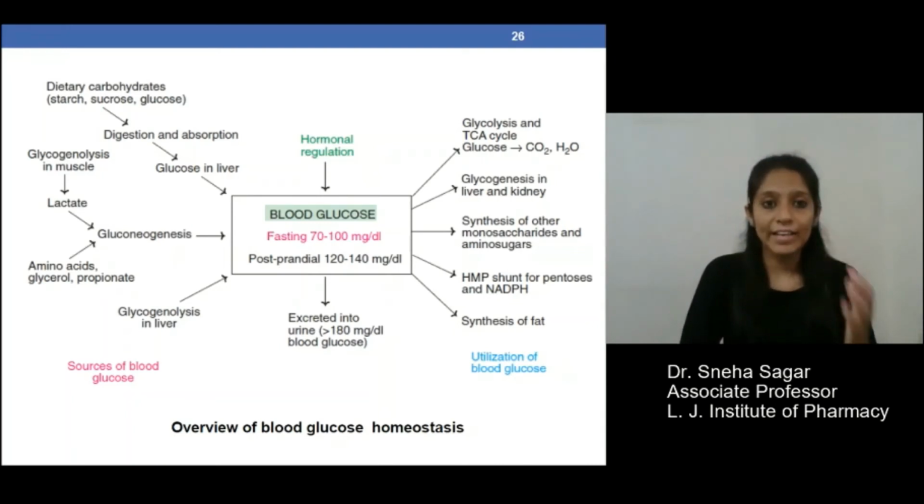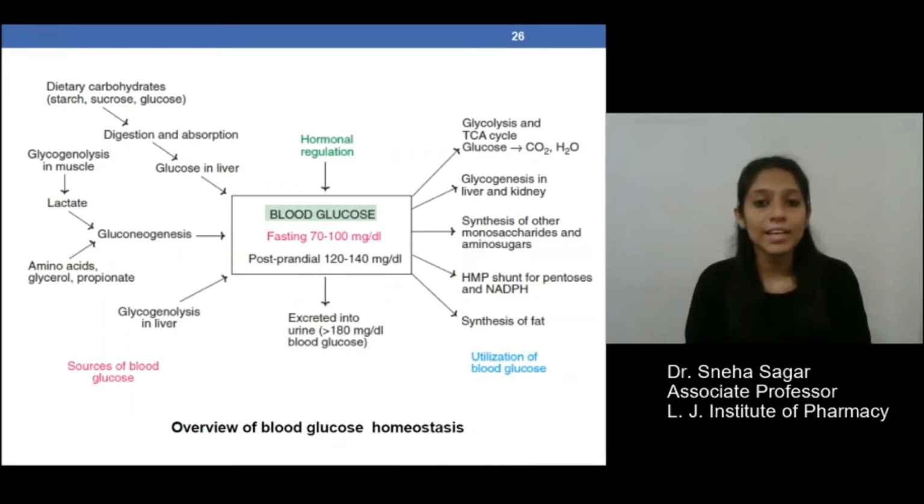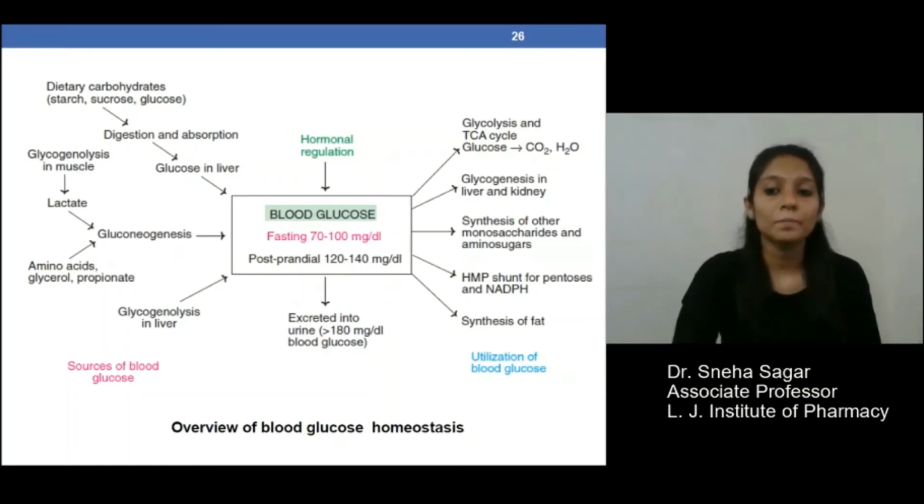Dietary carbohydrates, glycogenolysis, and gluconeogenesis are the sources of blood glucose, whereas glycolysis, TCA cycle, glycogenesis, synthesis of some monosaccharides, amino sugars, HMP shunt, and synthesis of fat are the utilization pathways of blood glucose.